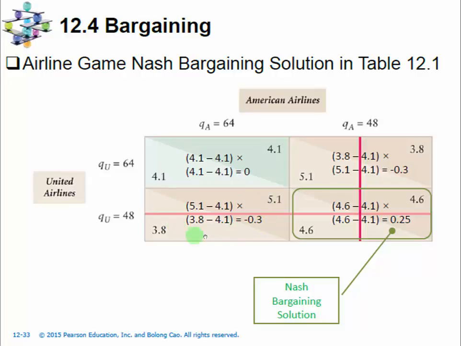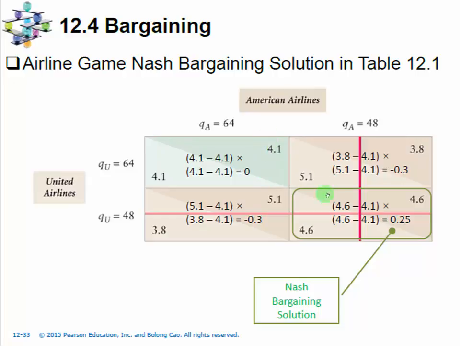For the United, this surplus is actually negative. It's negative 0.3. So when we multiply these two net surpluses together, we have 1 times minus 0.3. It's minus 0.3. This is a negative Nash product. This negative Nash product is less than when the firms are not cooperating. So obviously this will not be the Nash bargaining solution.